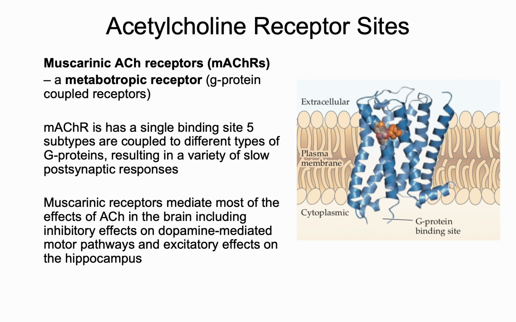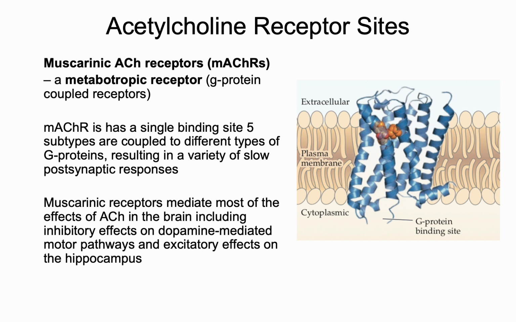And there are 5 different subtypes of muscarinic receptors, and they all result in slow postsynaptic responses. Some of them are inhibitory, some of them are excitatory, depending on where they are and what type they are. And they're very simply labeled M1, M2, M3, M4, and M5.